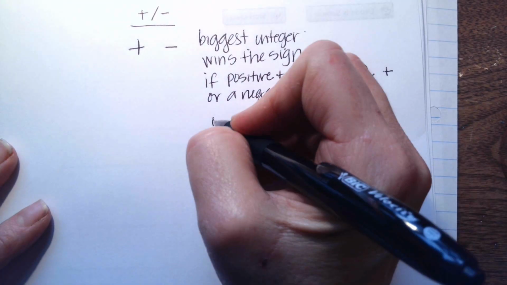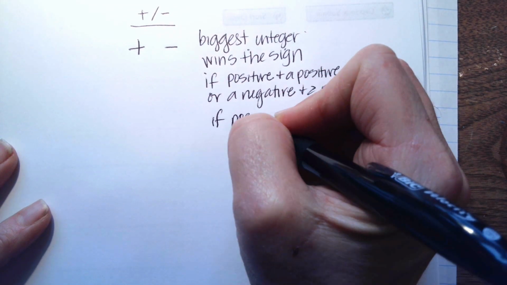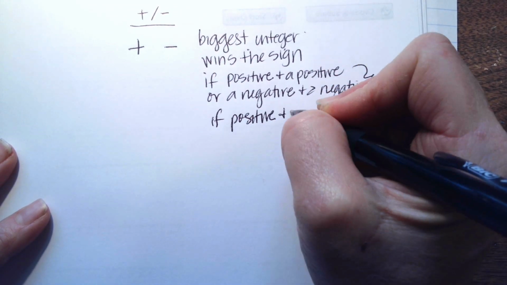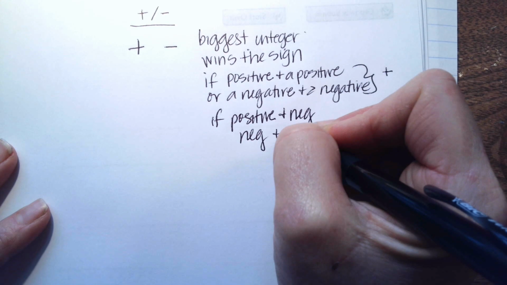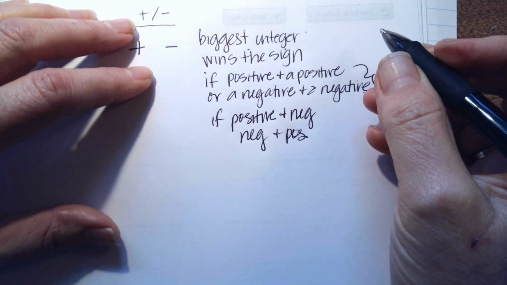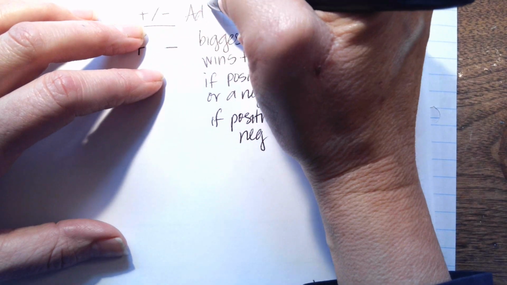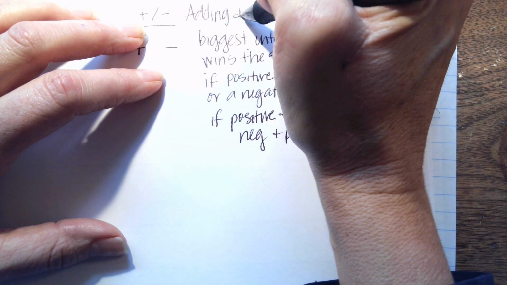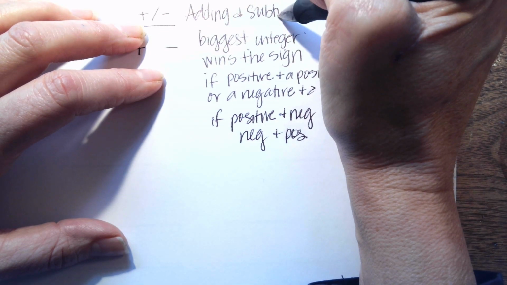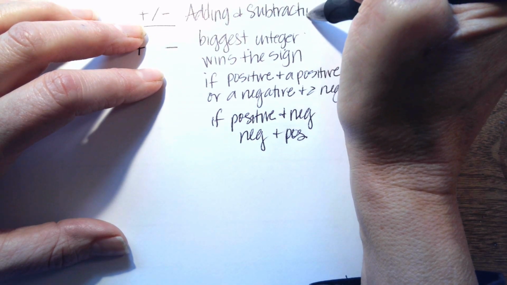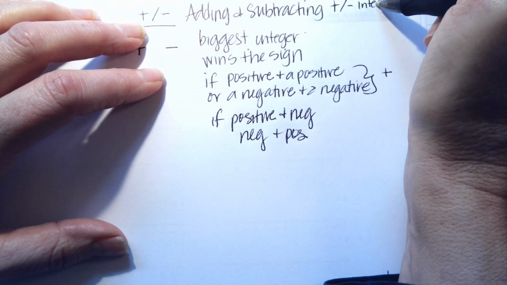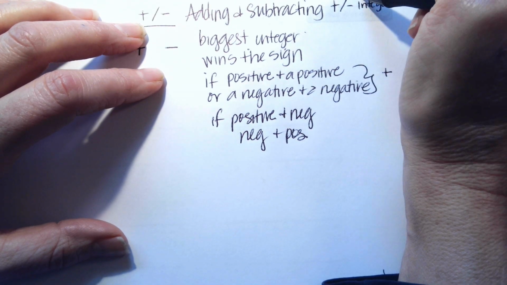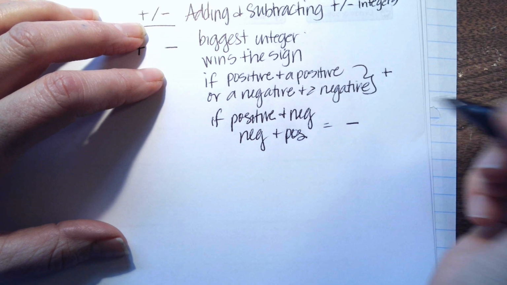If you have a positive number and a negative number, or a negative and a positive number, and you're adding and subtracting positive and negative integers, you are going to subtract them.